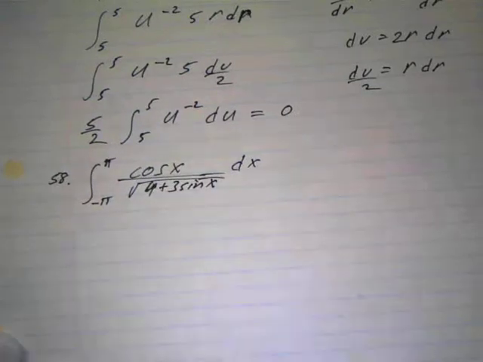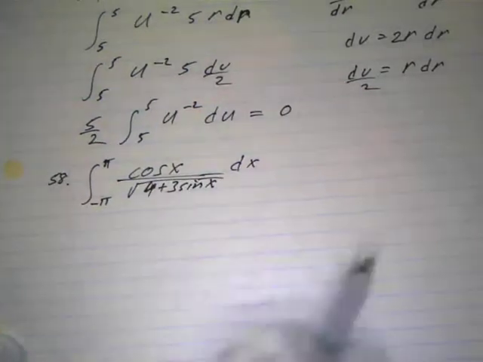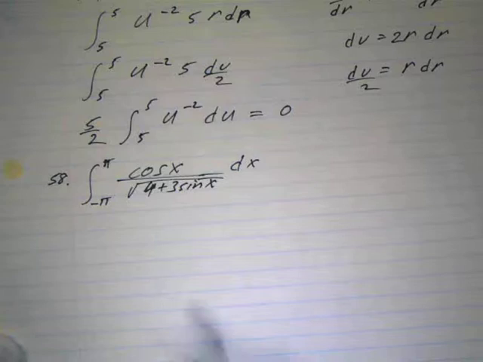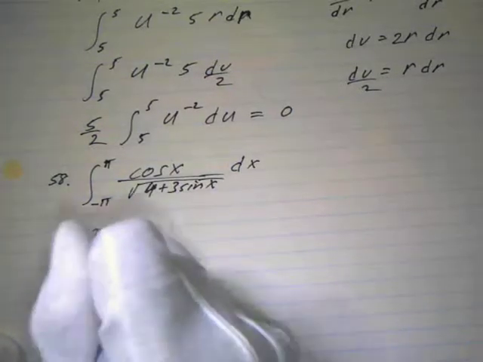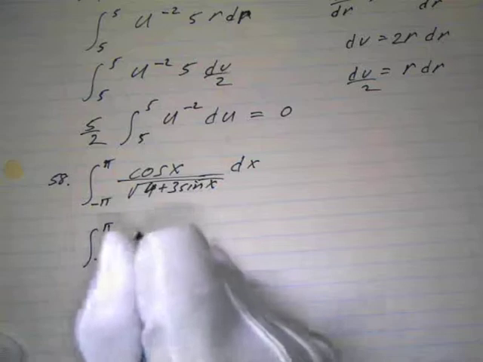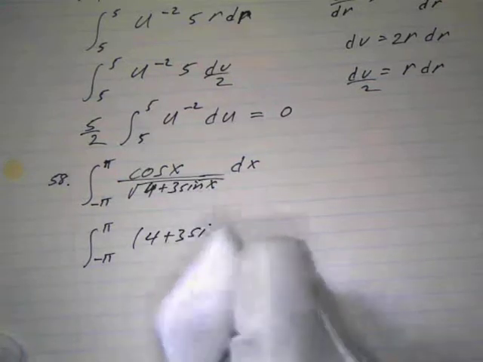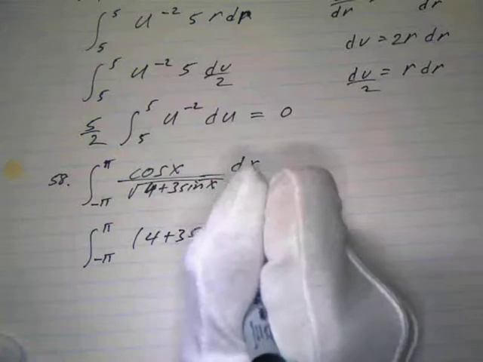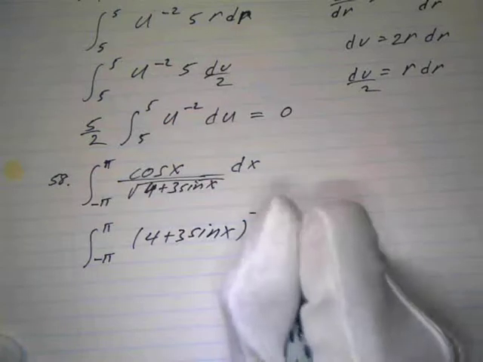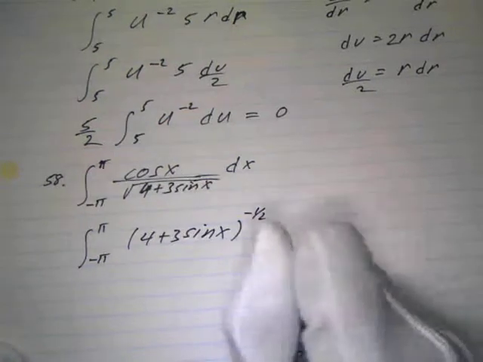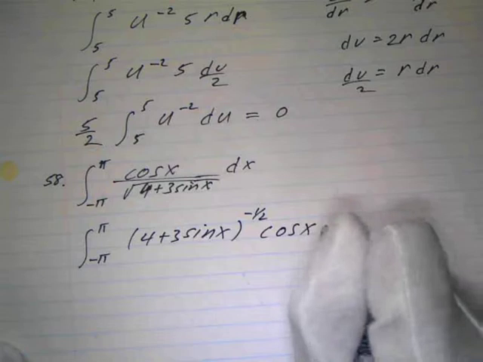So we're going to have to put this up top so we get an exponential form, because we know the derivative of the sines and cosines, so it's going to be probably some kind of u to the n du. So we're going to have the integral from -pi to pi, and I'll write this as 4 plus 3 sine of x, and since this was 1/2 power, it's going to be -1/2 times the cosine of x dx.